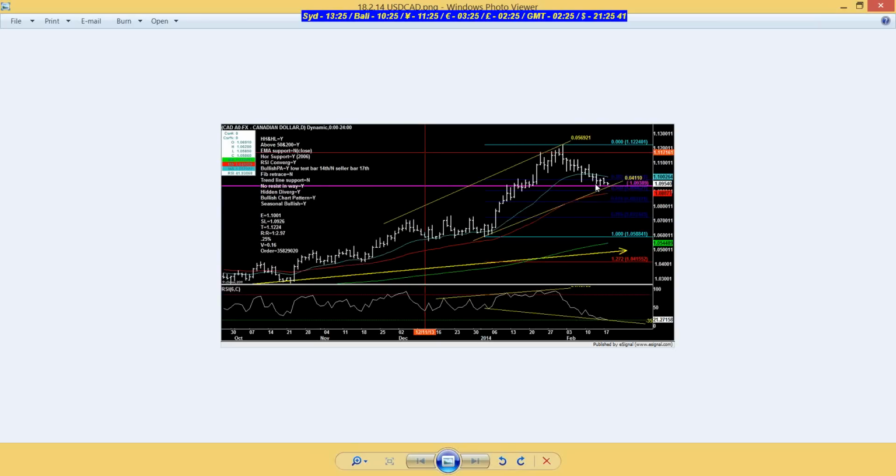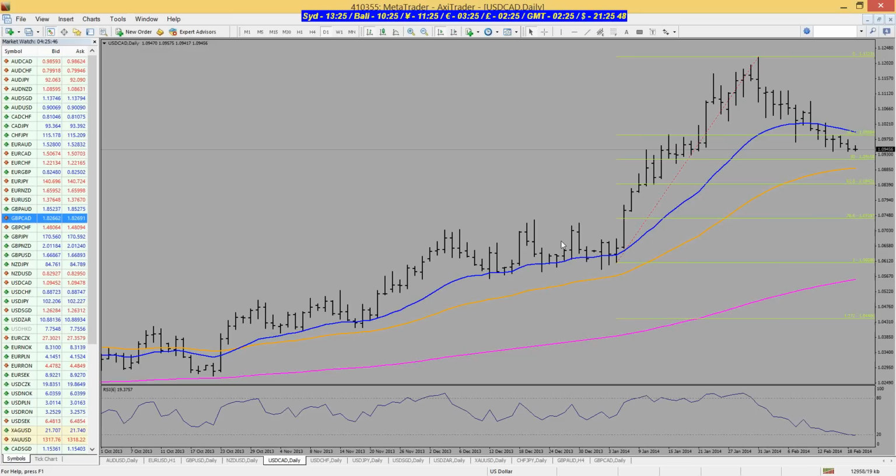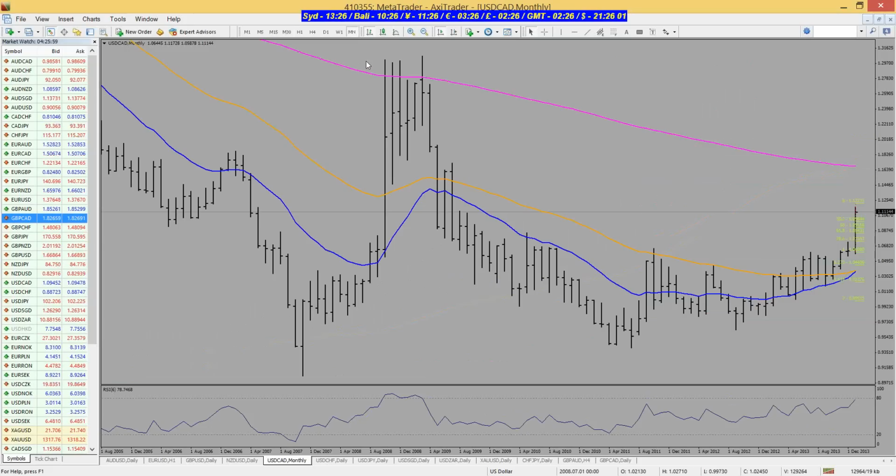Horizontal support, this was from 2006. I like it, but you're just looking at that low test bar. Was this a higher high? I wouldn't have seen that as a higher high in 2006.